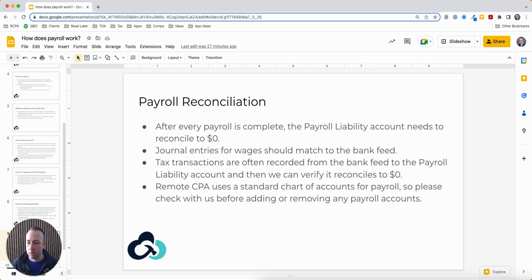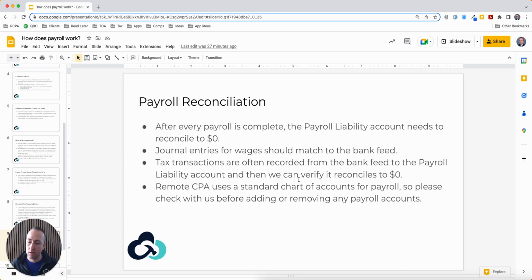And if the payroll service is posting the journal entries correctly, we should have matches in the bank feed. That gives us more comfort knowing payroll will be correct at the end of the month. And then tax transactions are often recorded from the bank feed to the payroll liability account. That also helps us verify that the reconciliation comes to zero.